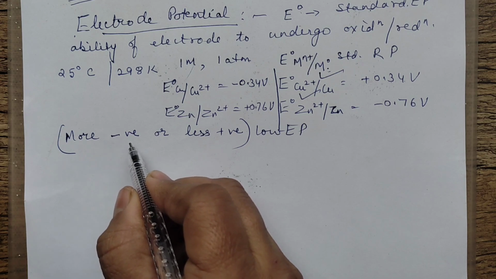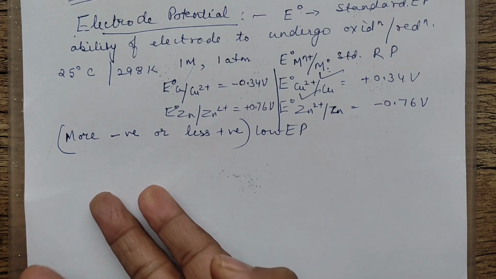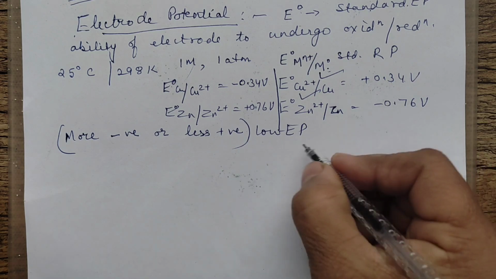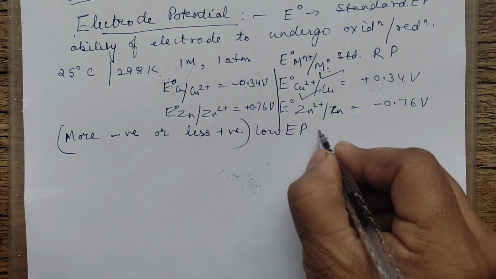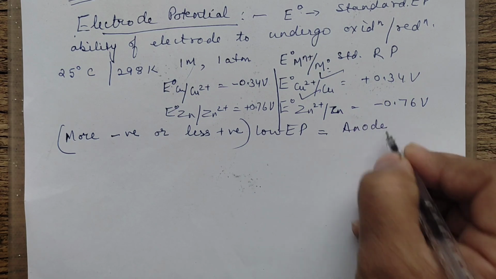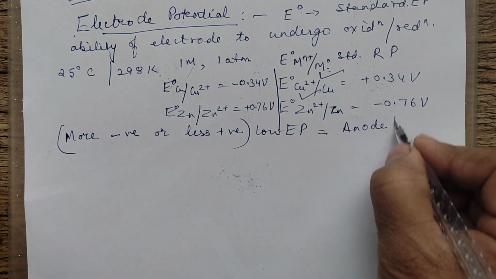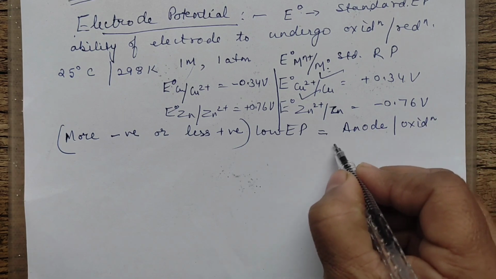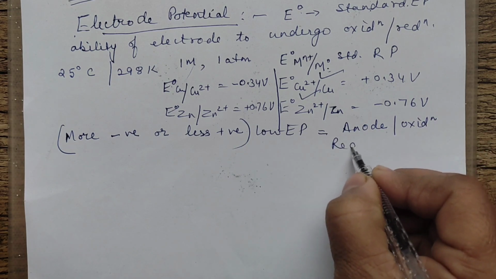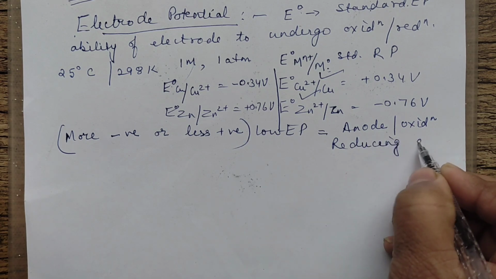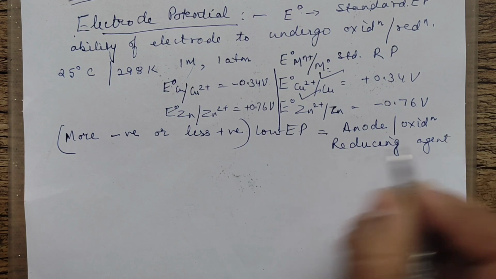More negative electrode potential in case both are negative. If both are positive, less positive. Or generally you can say lower electrode potential. That means it has a tendency to act as anode. Anode means it will undergo oxidation. Oxidation means it will act as a reducing agent. It will act as a reducing agent. This is very, very important.